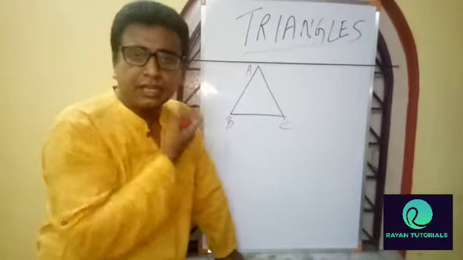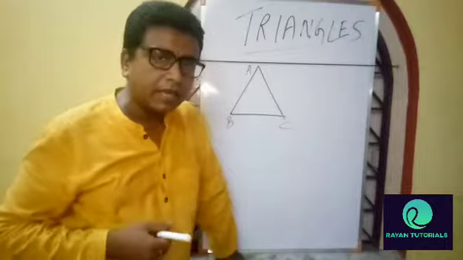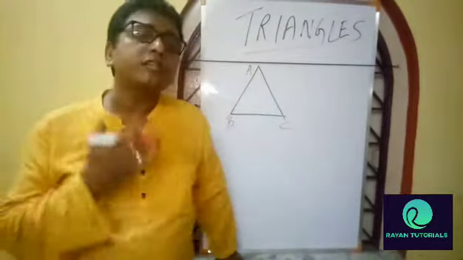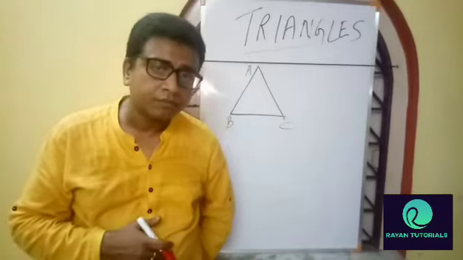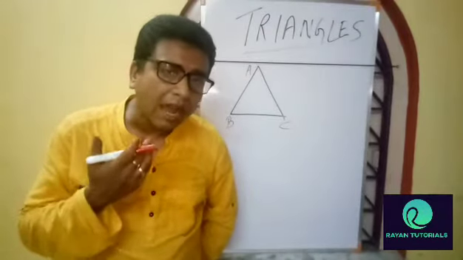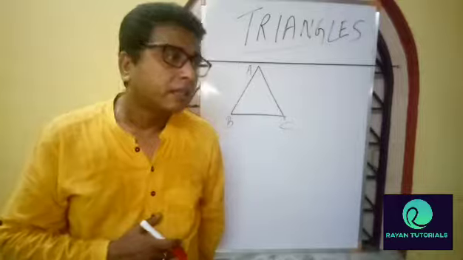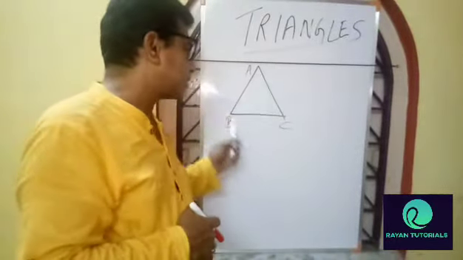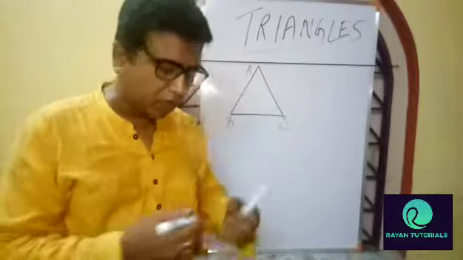In mensuration we get the formula of the triangle. The area of the triangle is half into base into height. Now can anybody tell me what is the height of the triangle? Choose any vertex, A, B, C, whatever you want.